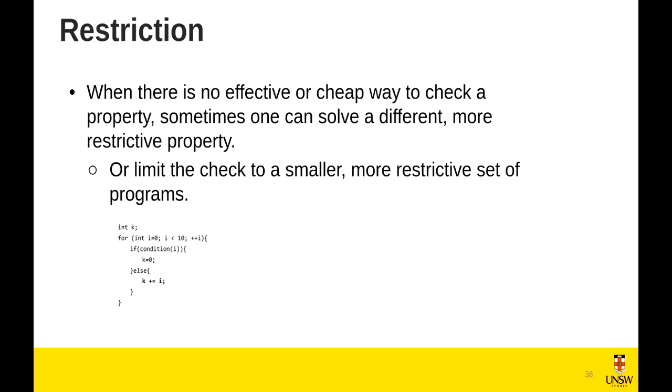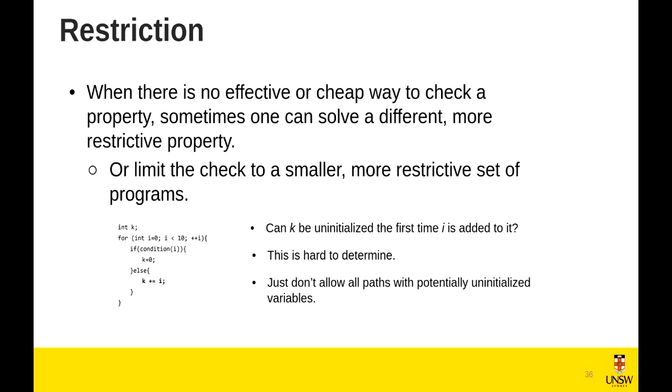And this program could have a problem: if this condition isn't met, we could add I to an uninitialized k. So this program has this problem. k can be uninitialized the first time when we reach this line of code. And this is very hard to determine because the condition here could be very complex.